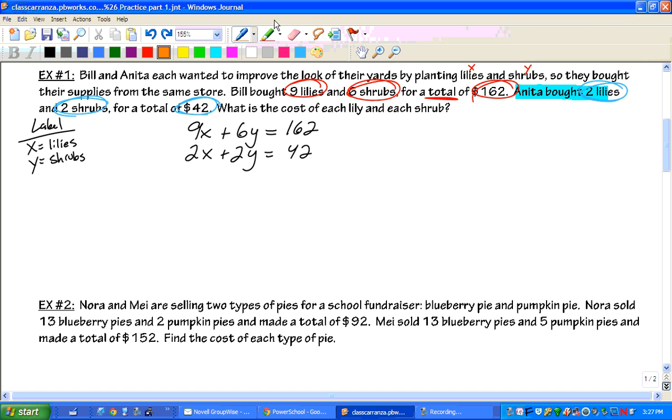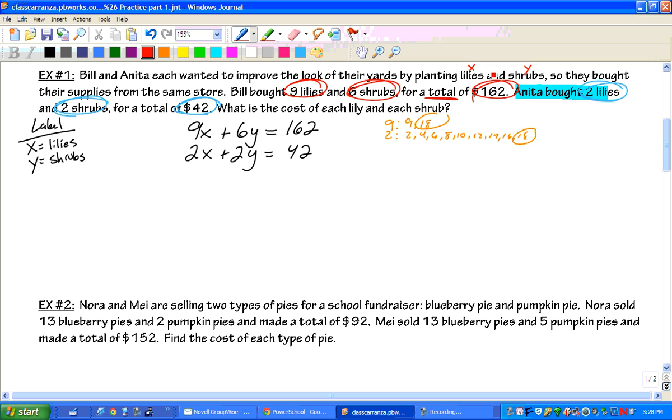You might say, well, let's cancel the x's. If we were going to cancel the x's, we would need to find the LCM. 2, 4, 6, 8, 10, 12, 14, 16, 18. So we found it, but we'd have to multiply both of them.